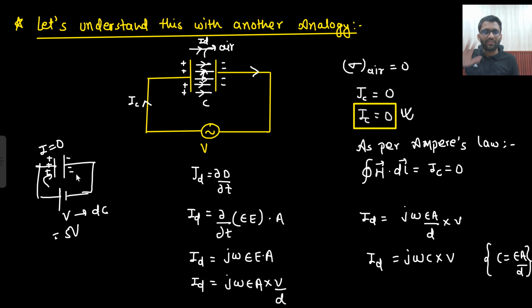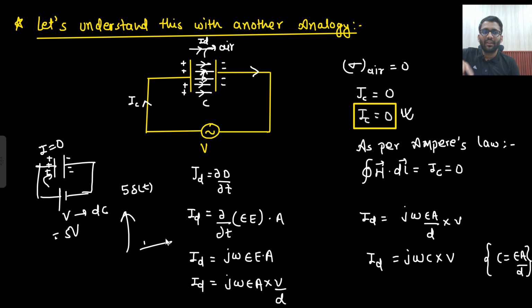But those who have studied network analysis from PrepFusion, from me, there I told you, if a capacitor is directly exposed to a voltage source, the current there will be impulsive. For a very minute time, there will be very high current and then it will be 0. So for a very minute time, current would come.